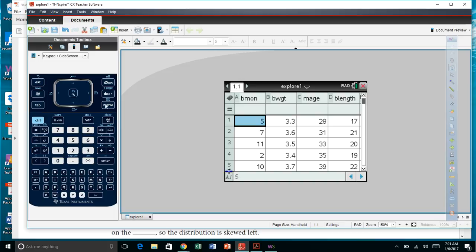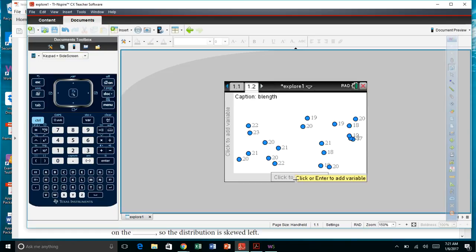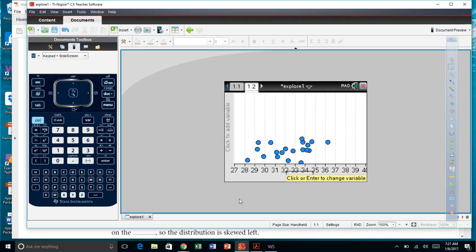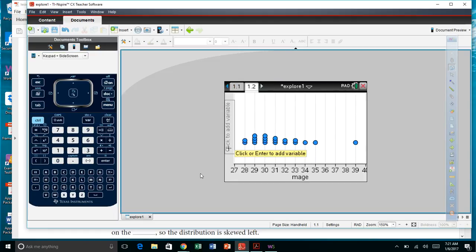So that's going to be C. Menu. And let's put the age in there. Mother's age. And it looks like that. All right, we want a box plot. So menu, 4, 2, and there it goes.